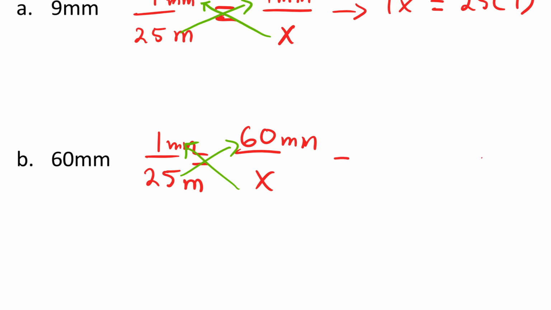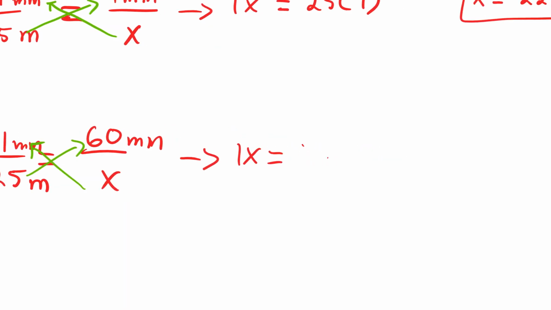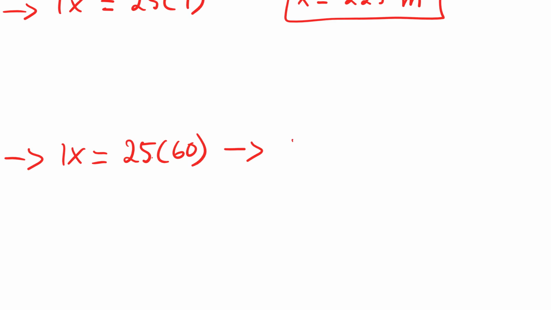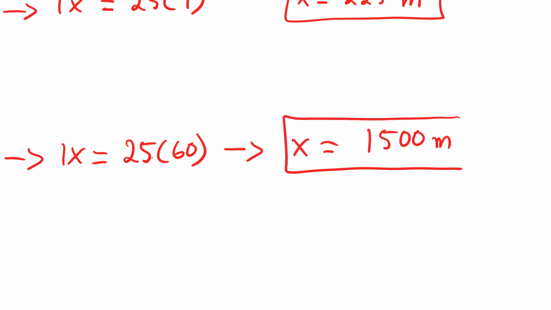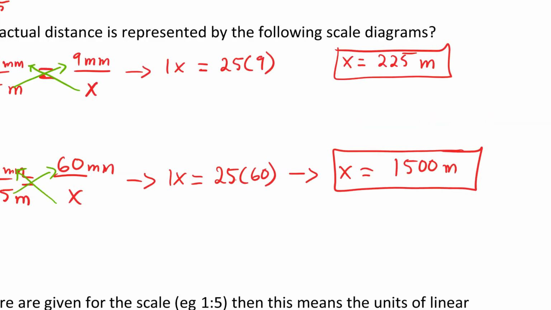So we're going to end up with 1x equals 25 multiplied by 60. Well, 1x, so just x, is the same thing, equals 25 multiplied by 60, which is 1,500. It's important that we include our unit of meters at the end.